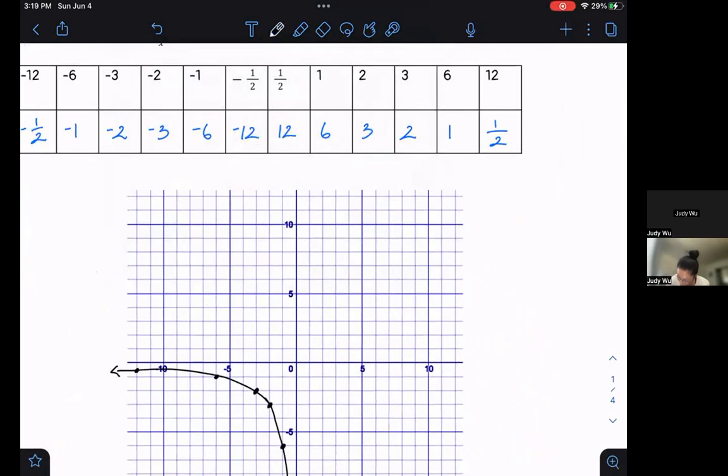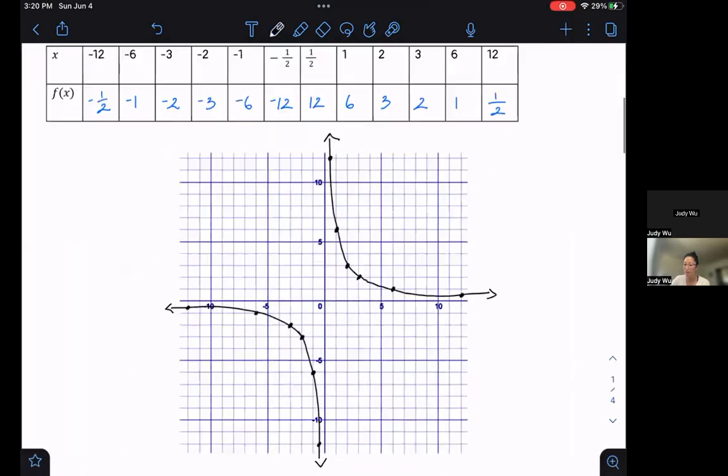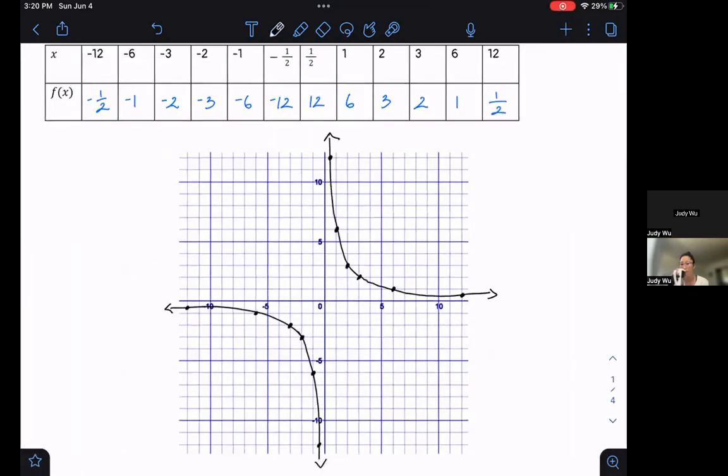So (1/2, 12), (1, 6), (2, 3), (3, 2), (6, 1), and (12, 1/2). All right. And just like before, I'm going to go ahead and connect these with a nice smooth curve. Now I've got the second branch of my graph.